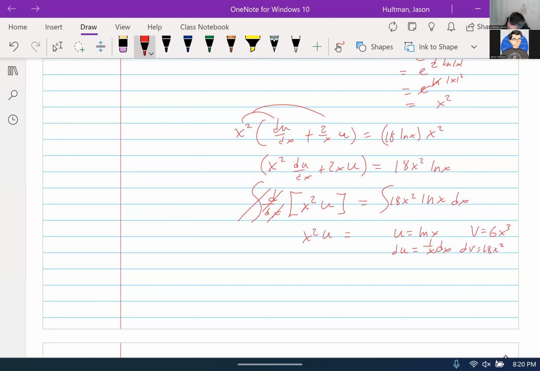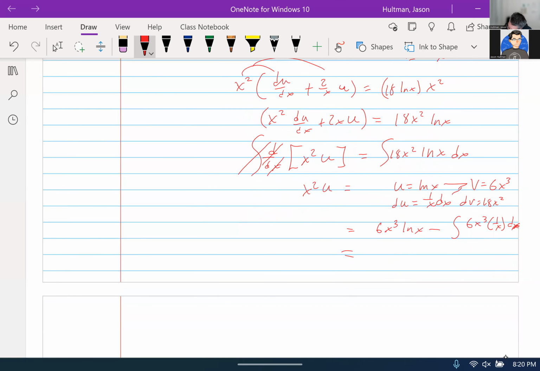Okay, so now uv minus the integral of v du, okay, this is equal to 6x cubed natural log x minus the integral of, I don't have to deal with the natural log anymore. That's great. 6x cubed times 1 over x dx. Okay, that's cool. That just becomes 6x squared because one of the x's is going to cancel.